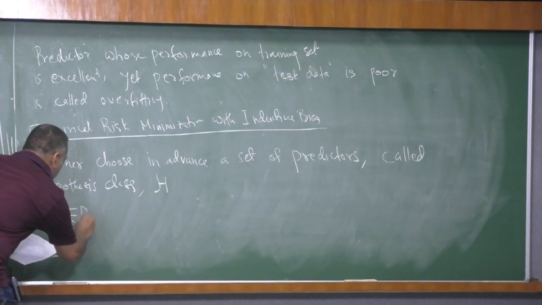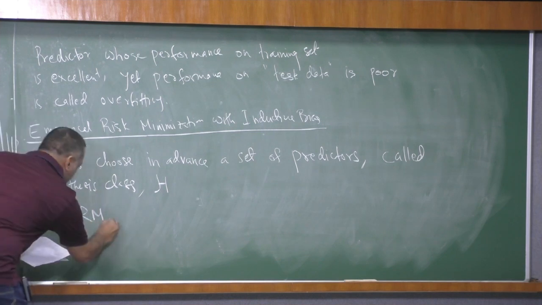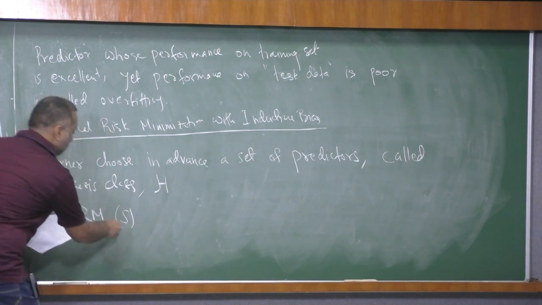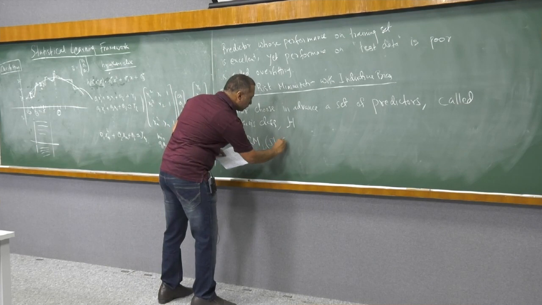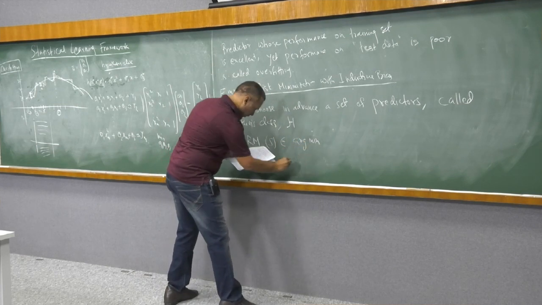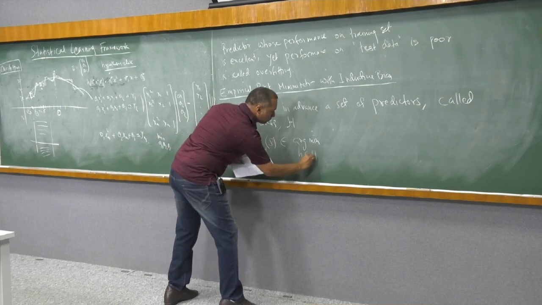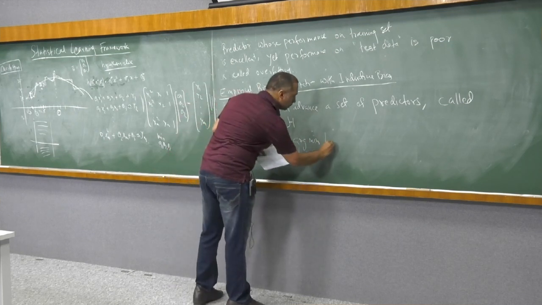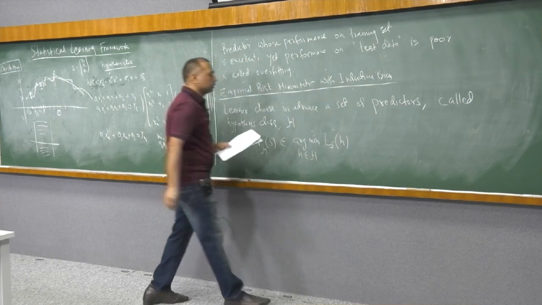So ERM is over the hypothesis class H for a given sample S, and this is the argmin over small h in our hypothesis class H, for which the empirical loss is the minimum.